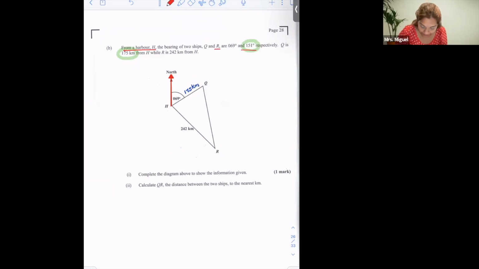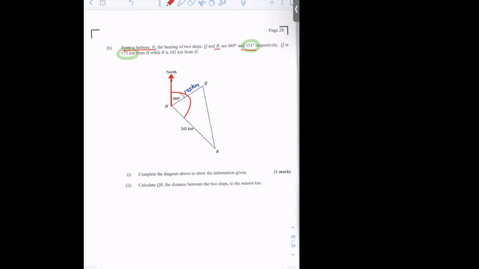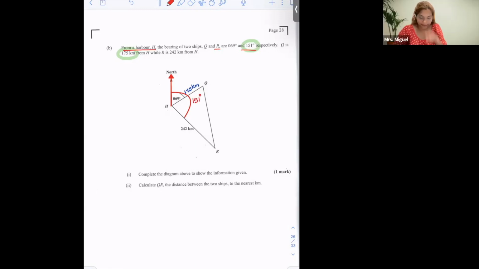So it means this whole angle here is 151, not so? Yes, miss. No. If part of the angle is 69, what is the measure of this angle? This can be 51. How much is it? Because we already have 69.